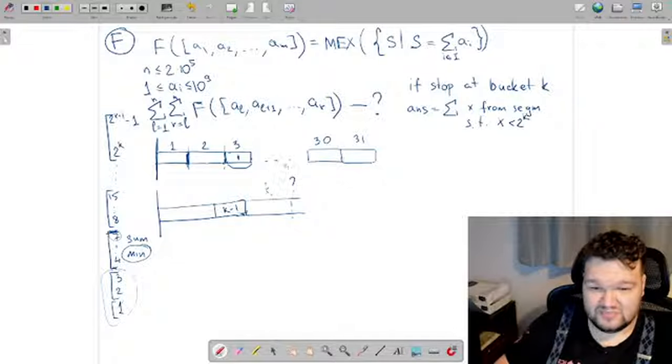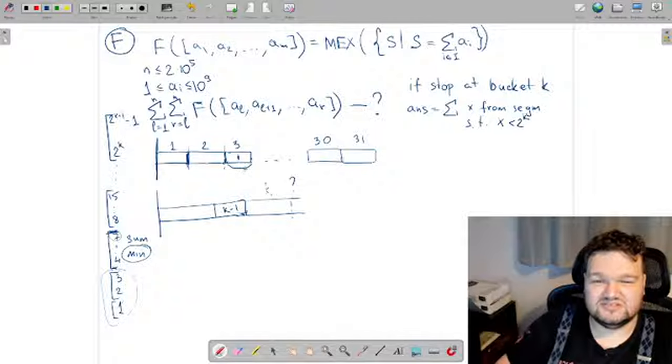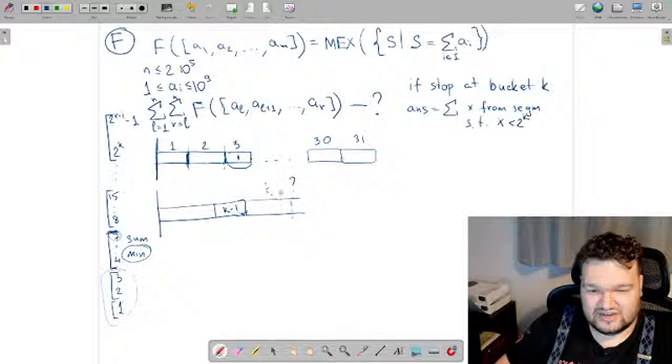We can do it with binary search, because as we said, the sum only increases. So we can try to fix right border and ask ourselves, will we stop at bucket k when the right border is here?